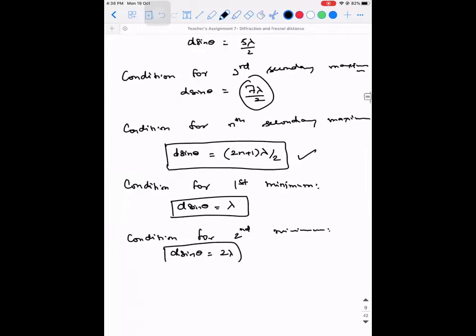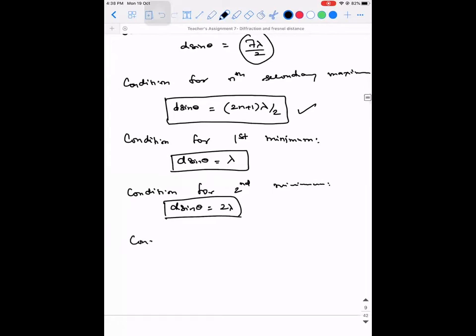In a similar way, what will be the condition for nth minimum? N lambda. That's it. That's it, guys. Okay.